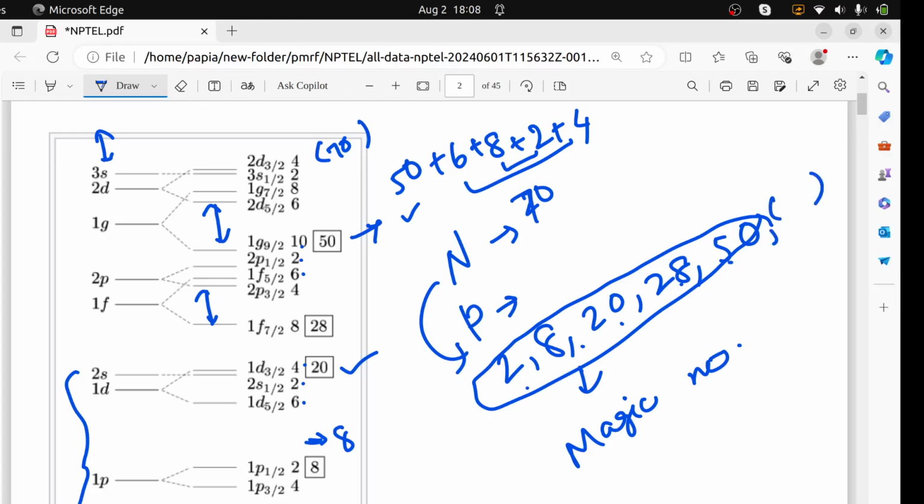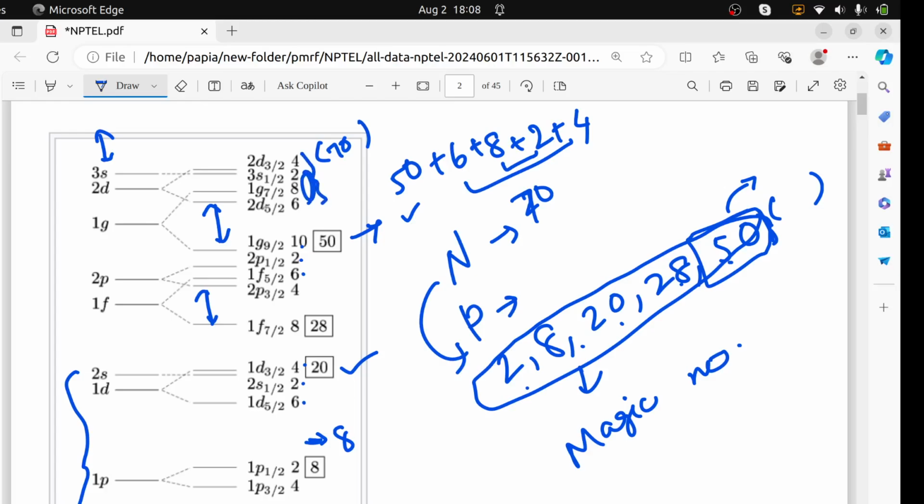But in our calculations for nuclear and particle physics in this NPTEL course, we will not go beyond nucleon number 50. So we will focus up to this one at least, and if in any exception we see a nucleon number more than 50, then we will go to these states also.